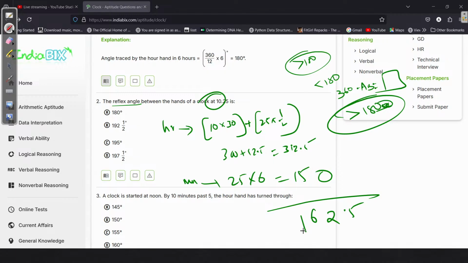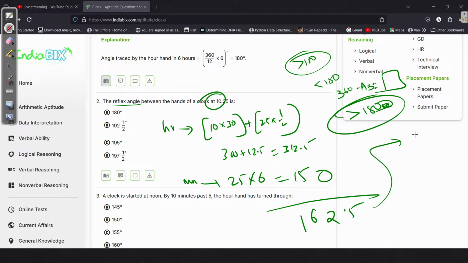But we want to find the reflex angle, which means it has to be more than 180. As it is not more than 180, you have to do 360 minus your answer to get the final answer. Okay, so let's do that. As you can see here, you got 312.5 minus 150, which is 162.5.